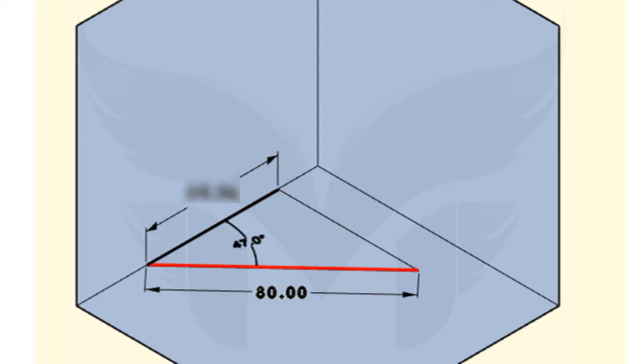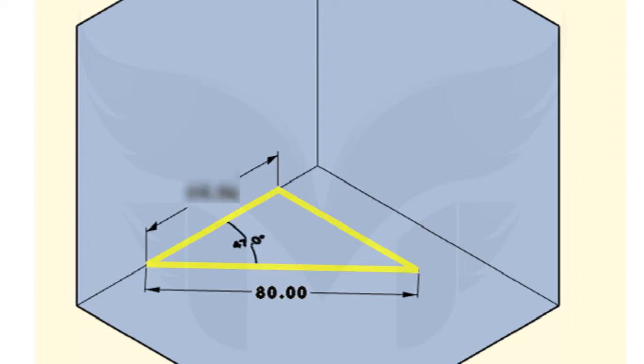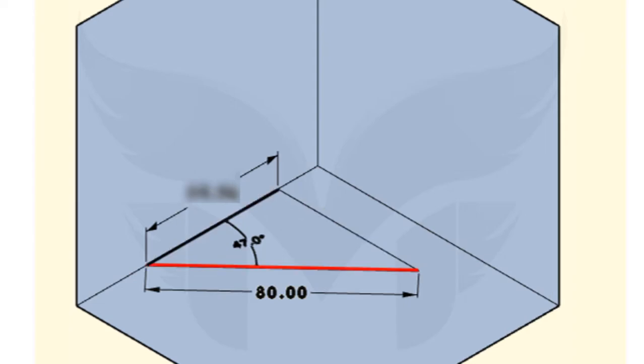We have seen in the previous question that how to deal with this type of problems. Yes, by using trigonometry. So here we have a right angle triangle whose hypotenuse is 80 mm and angle is 47 degrees.